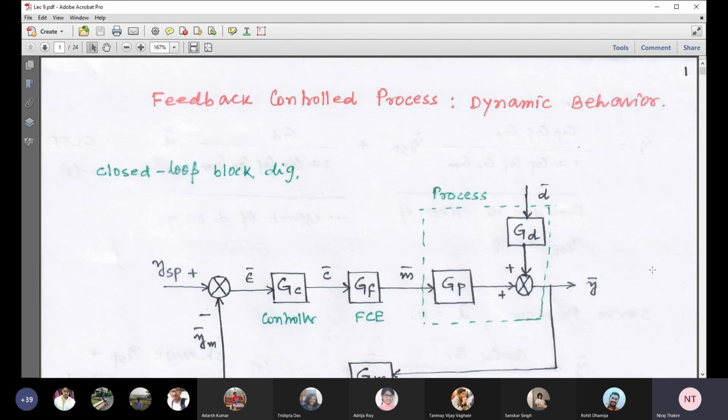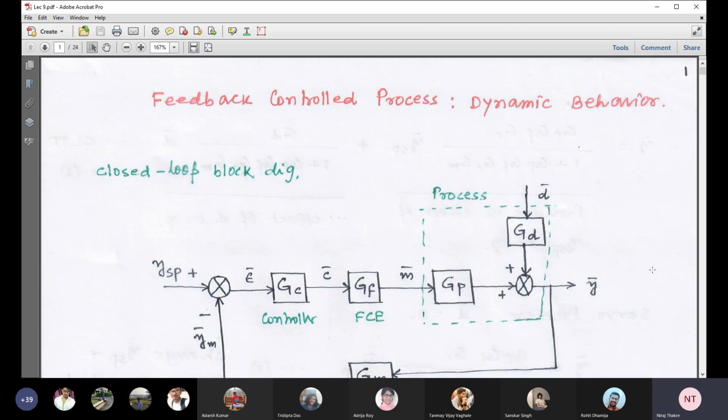I repeat, initially we discussed different processes. Subsequently, we discussed separately the three controllers, P, PI, PID. Now we want to connect them, open loop process plus controller, so that is called closed loop process. And we want to discuss now the dynamic response of this closed loop process.